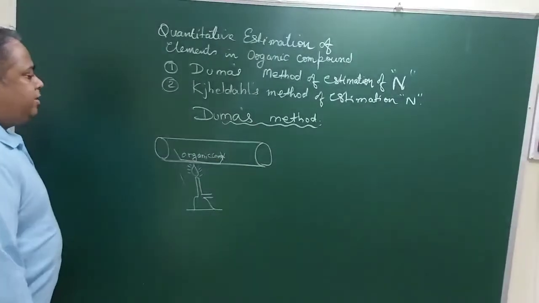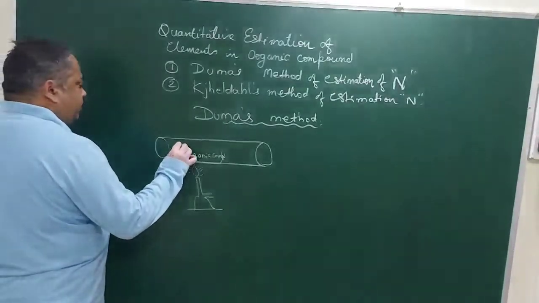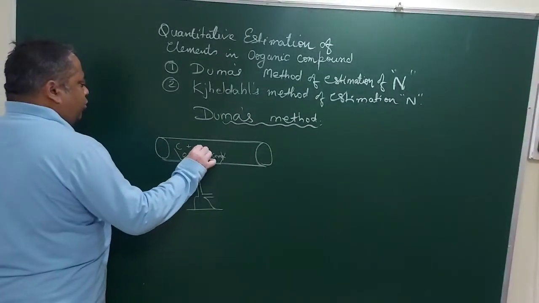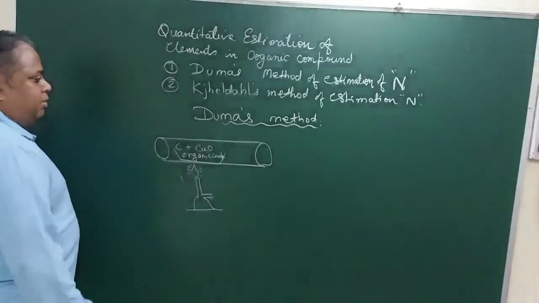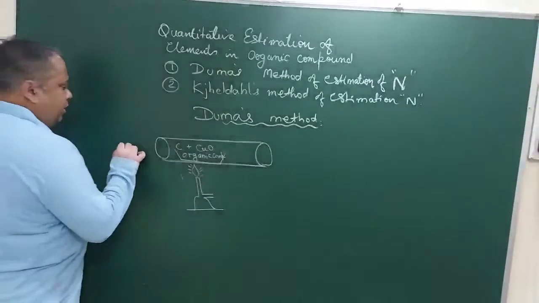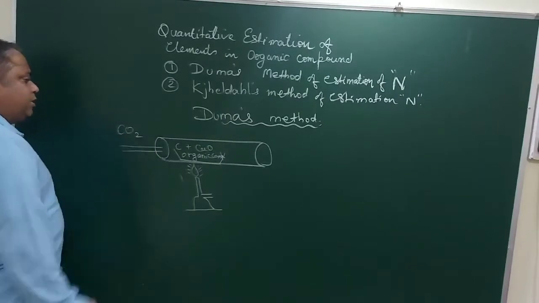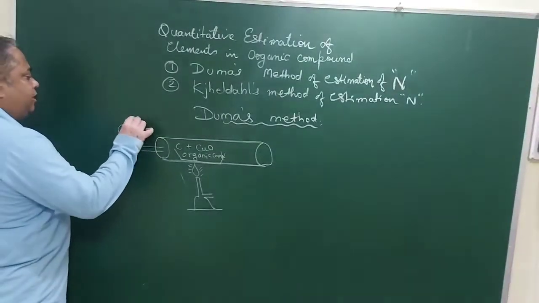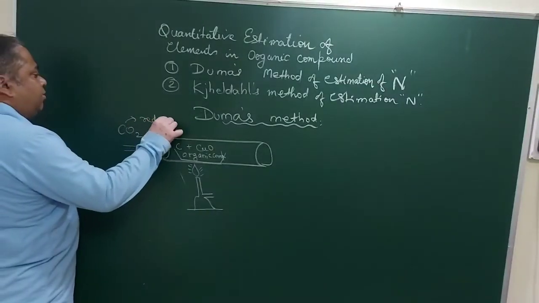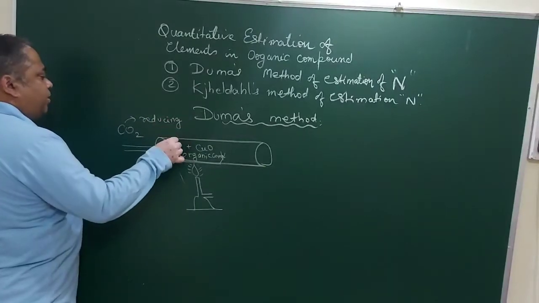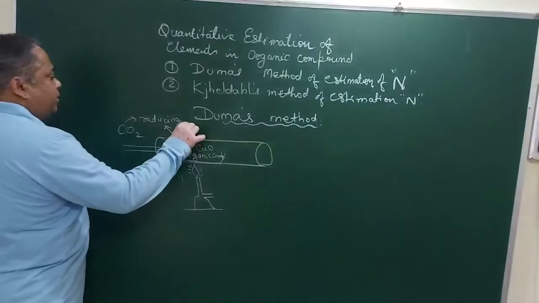Organic compound is heated in presence of some carbon particles and copper oxide. Now what happens? Of course, we give an atmosphere of carbon dioxide. It gives a reducing environment. This carbon dioxide and carbon gives reducing environment.